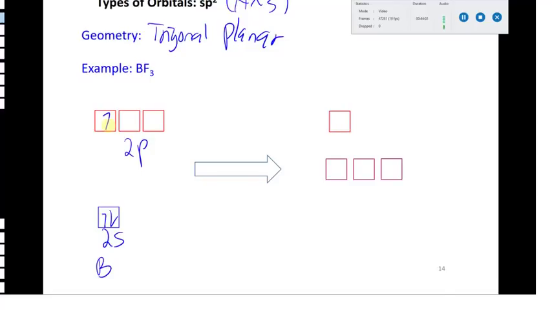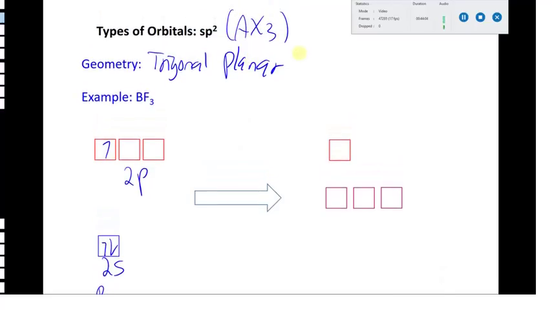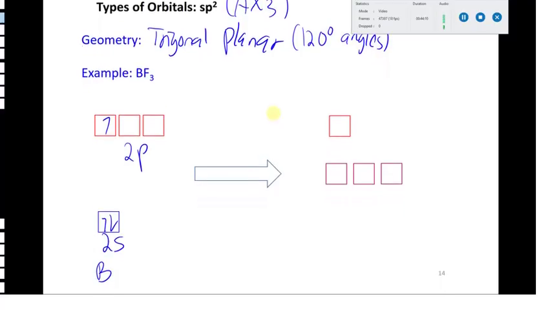So we said this is a trigonal planar geometry, which means we have 120 degree angles. But if we were to just use pure atomic orbitals, the shape of a 2s orbital is spherical, and how are the 3 2p orbitals arranged relative to each other? What's their angle between them? And we have px, py, and pz, so what's the angle between all of those?